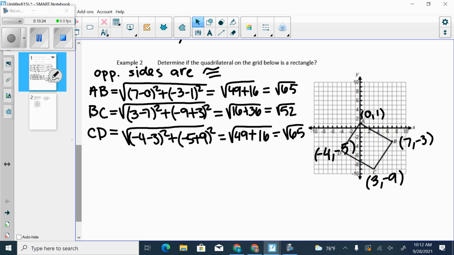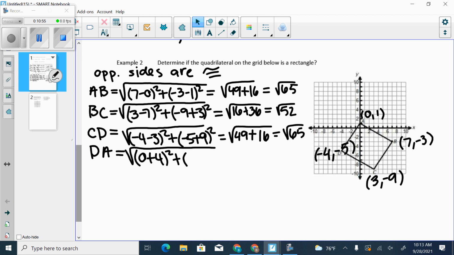Okay, now we just got to make sure that BC and DA also follow that rule. Alright, so side DA. X2 minus X1, what's it going to be? Plus 4, very good.